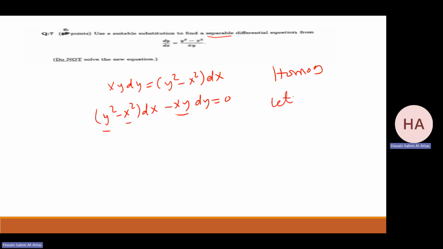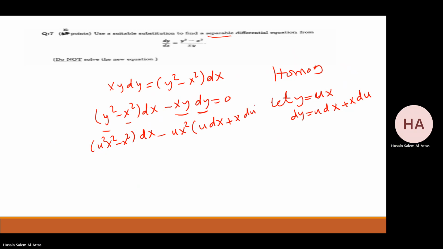I will let y equal ux. So dy equals u dx plus x du. Substitute. I have u squared x squared minus x squared dx minus u x squared times u dx plus x du equals 0.